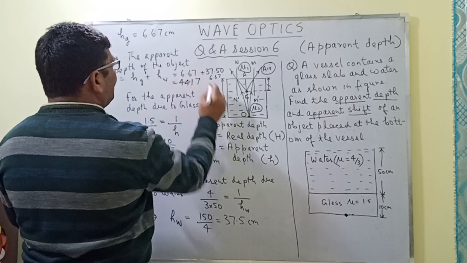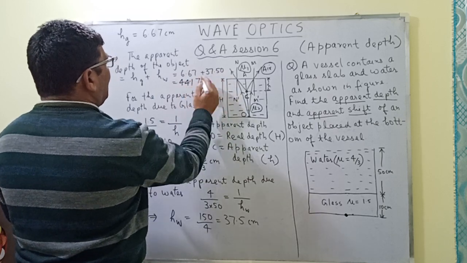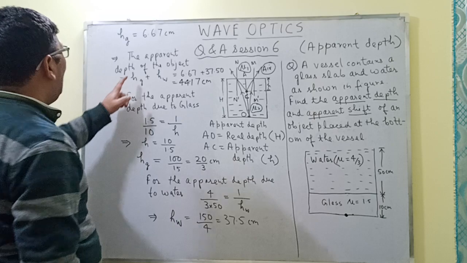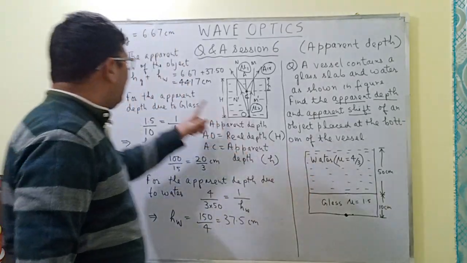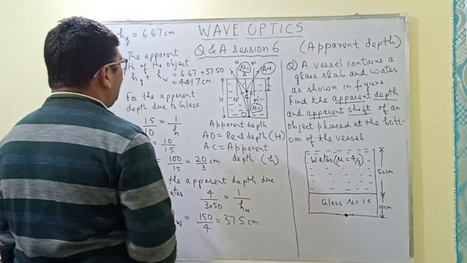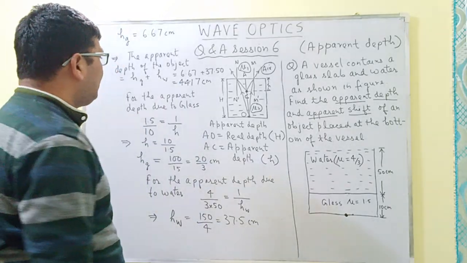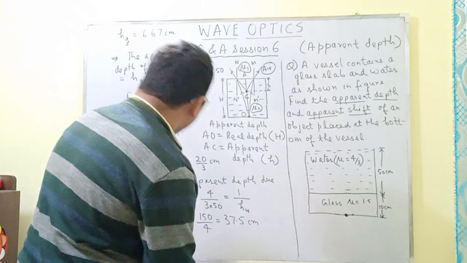So this is the answer. That is, the apparent depth of the object due to this glass and water will be equal to 44.17 centimeter.